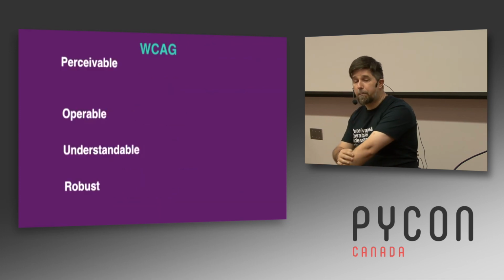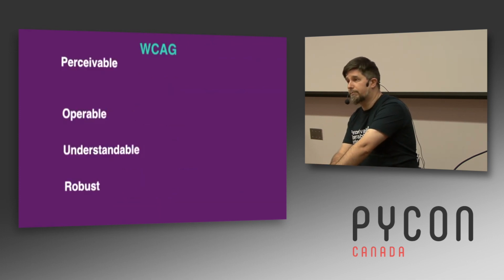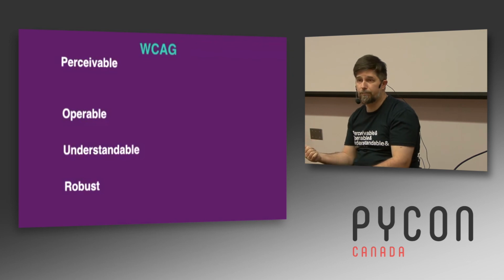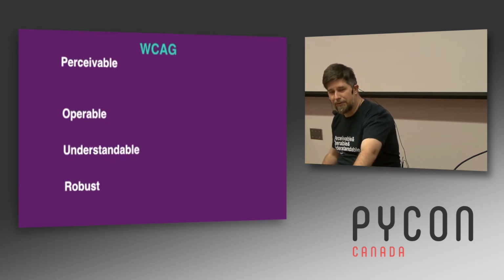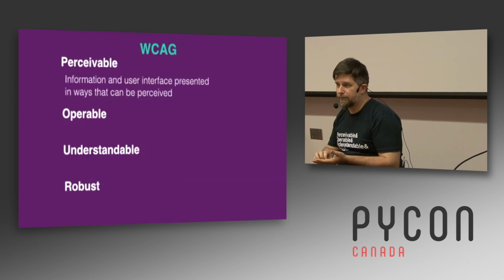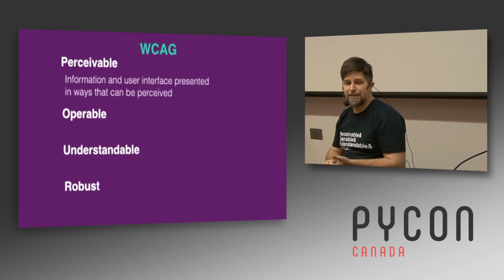Now we're talking about POUR, which are the 4 principles. We're talking about perceivable, operable, understandable, and robust. This is my t-shirt. So perceivable: the information in the user interface can be presented in a way that can be perceived by everyone. So someone who's using a screen reader, someone who's using Dragon Dictate, someone who's using a mobile phone.